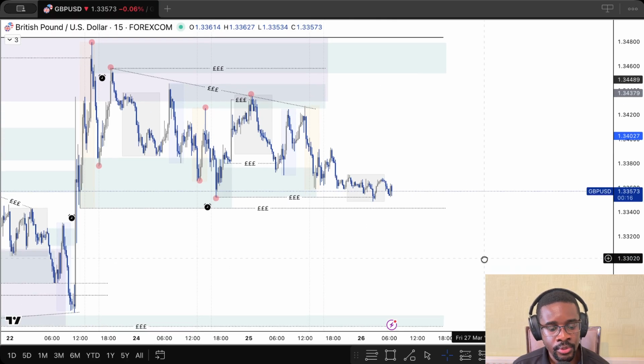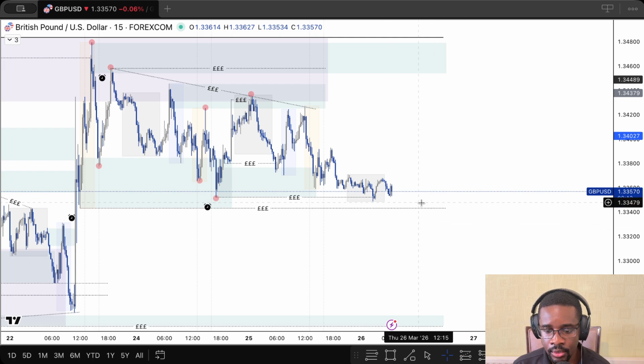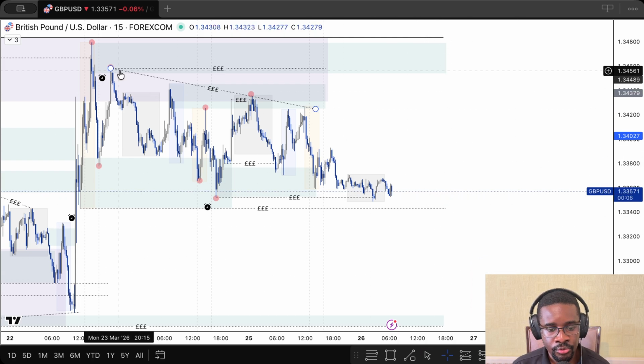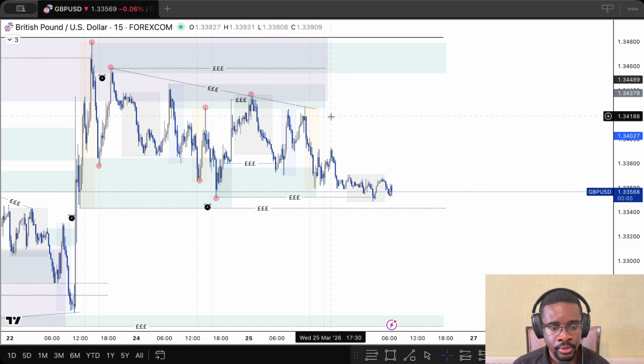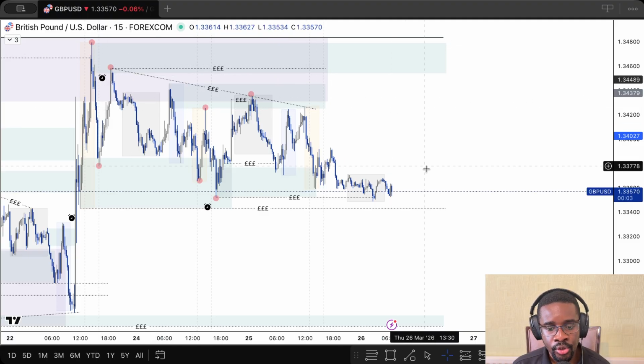So depending on which side is taken first, right now we are within this range, so we do have that liquidity trend line at the top.